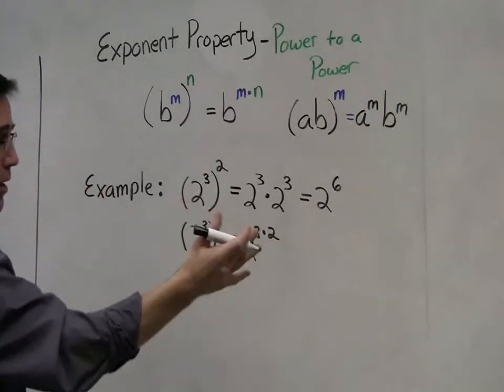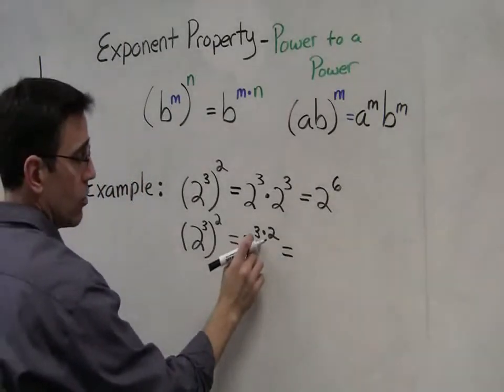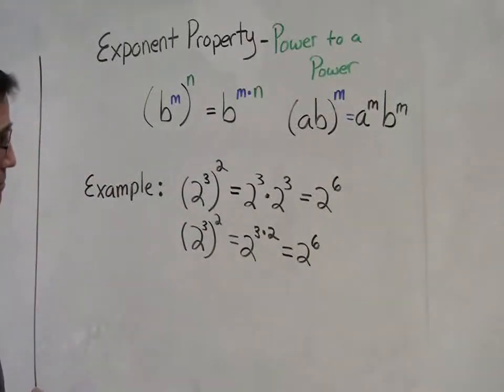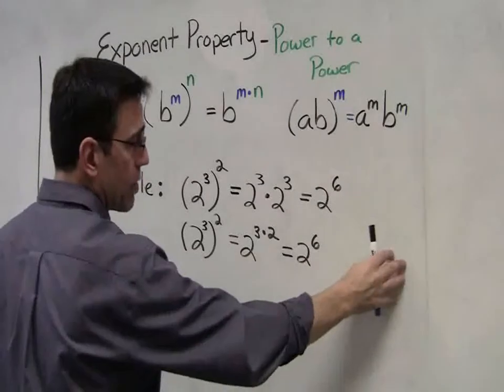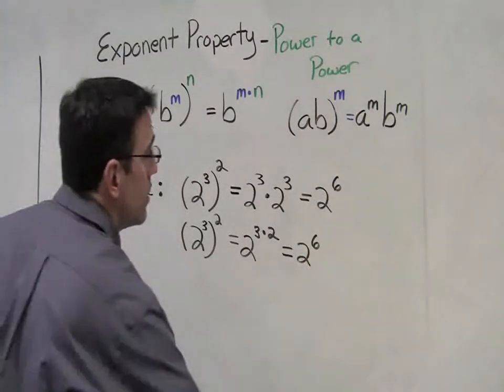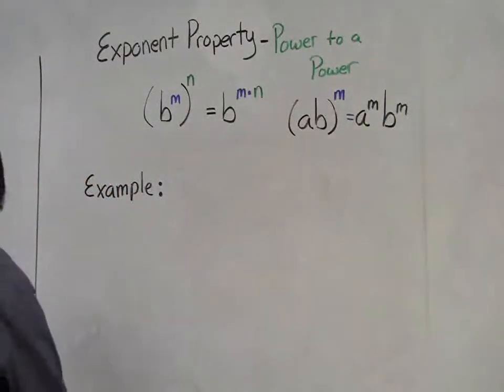You don't have a calculator anyway. So 3 times 2 is 6, so you end up with 2 to the 6th. And for the assignment you're working on, you don't have to give me the number that is equal to, just leave it as 2 to the 6th. So let me give you a couple of other examples here.